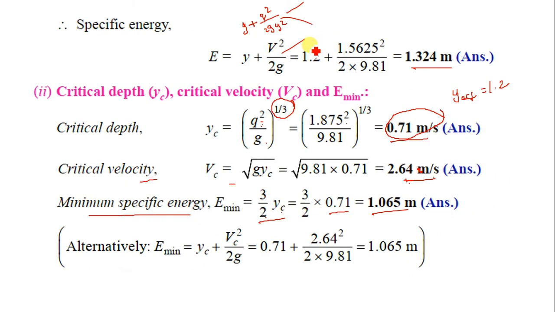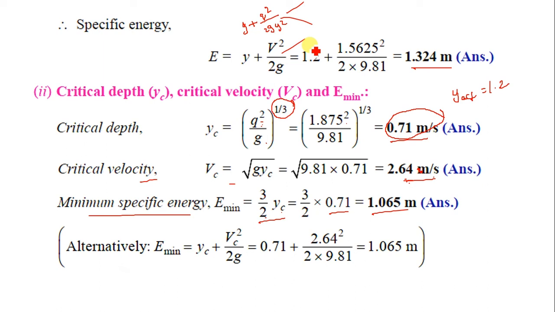So the depth here is 1.2 and the critical depth is 0.71, which does not mean that the flow has to go always at critical depth. The flow in a channel can be anything. But the reason for finding the critical depth is that, based on it, you are going to find out what kind of flow it is.